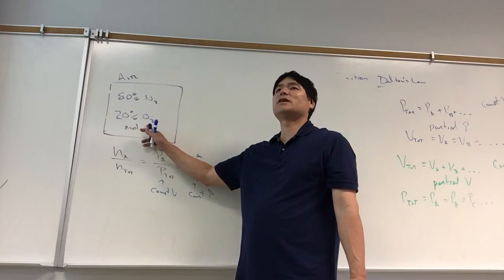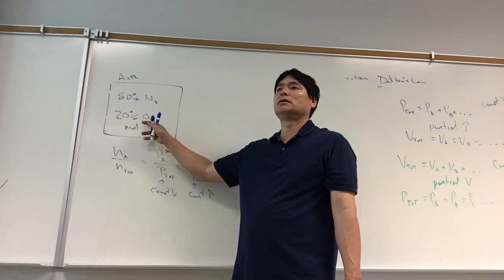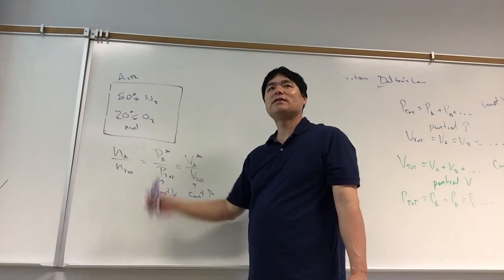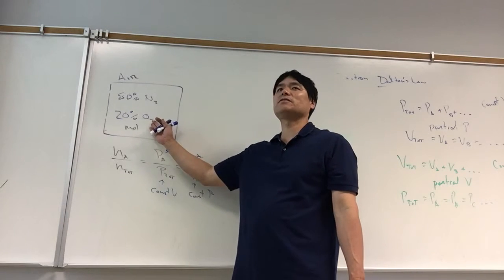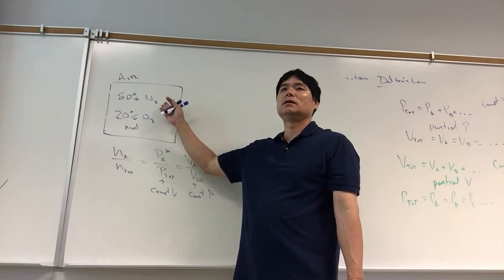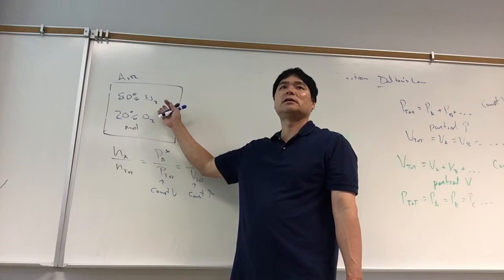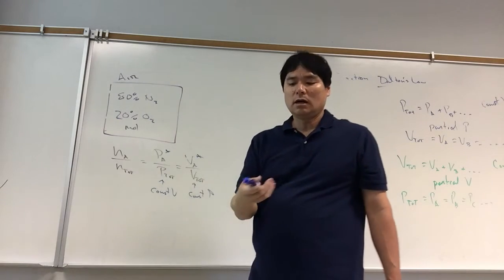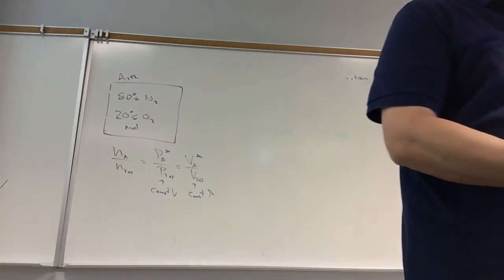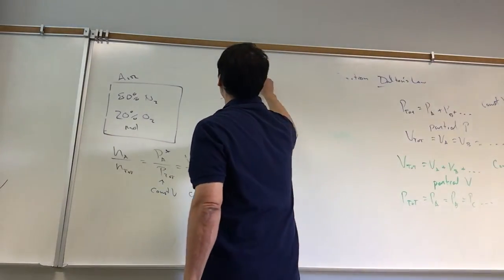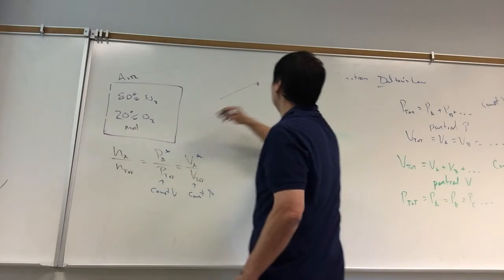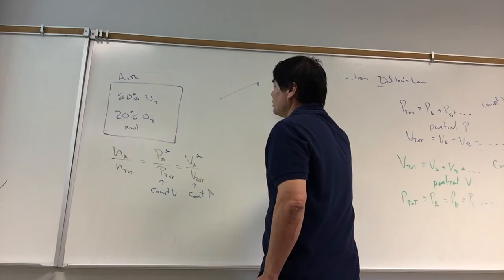There are 20 liters of oxygen and 80 liters of nitrogen. If I have 100 atmospheres of air, how many atmospheres are there? Well, there's 20 atmospheres of oxygen and 80 atmospheres of nitrogen. But those cannot be simultaneously true.